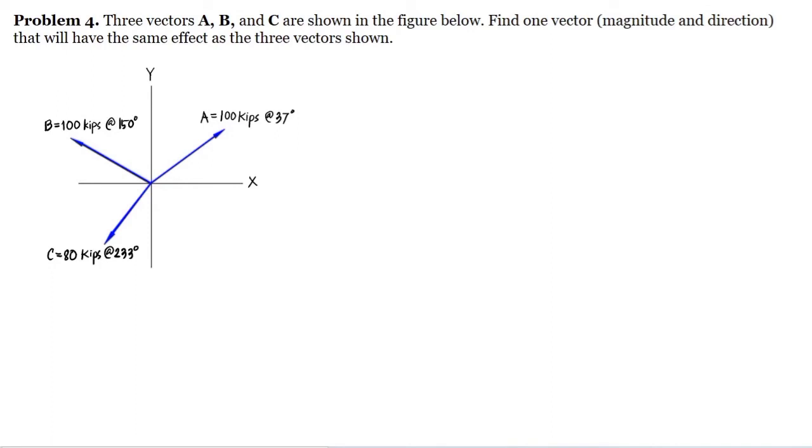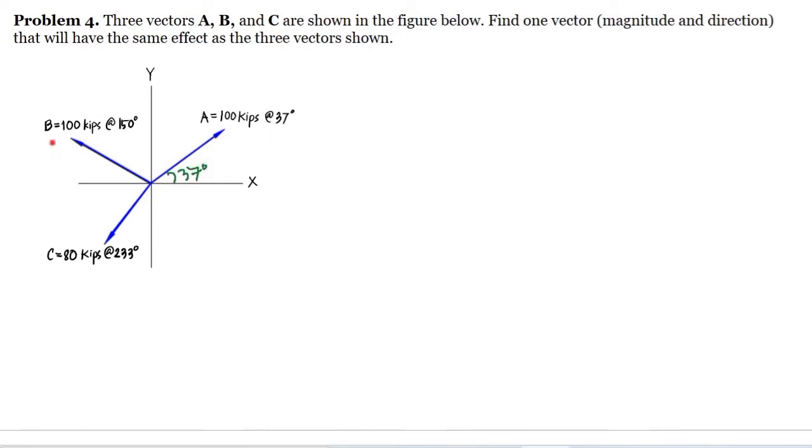So, if we are going to use the standard angle, what we have here is, this is 100 kips at 37 degrees, so meaning this is 37 degrees.